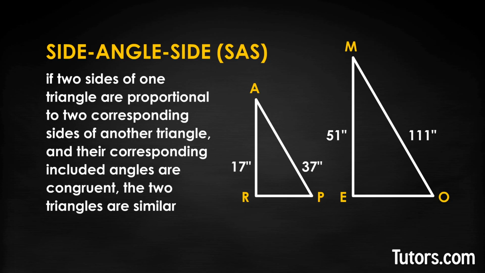Notice that the angle between the identified measured sides is the same on both triangles, 47 degrees. Is the ratio 37 by 111 the same as the ratio 17 by 51? Yes, the two ratios are proportional, since they each simplify to 1 by 3 or 1/3. With their included angle the same, these two triangles are similar.